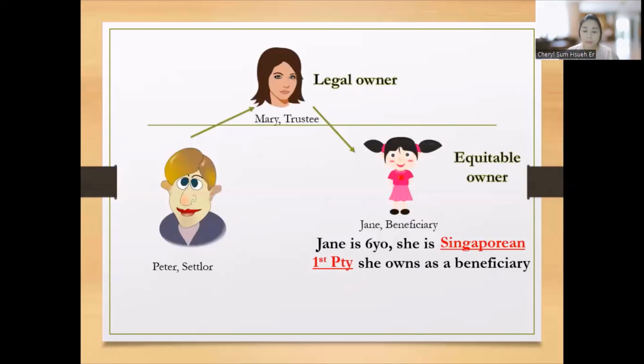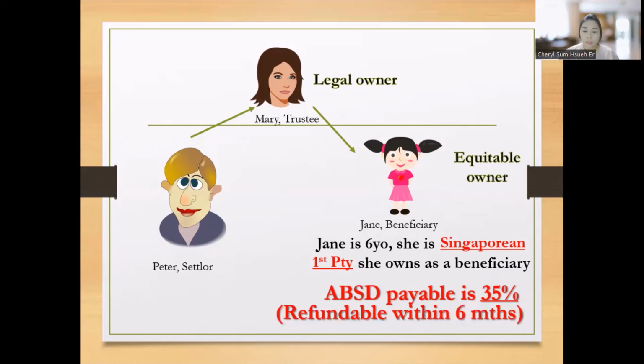So if Jane is a Singaporean and this is the first property that she owns as a beneficiary, ABSD payable is 35%, right? This is as of 9th May 2022. But out of this, some amount is going to be refundable within 6 months. Now, the refund amount is going to be based on the profile of the beneficiary.